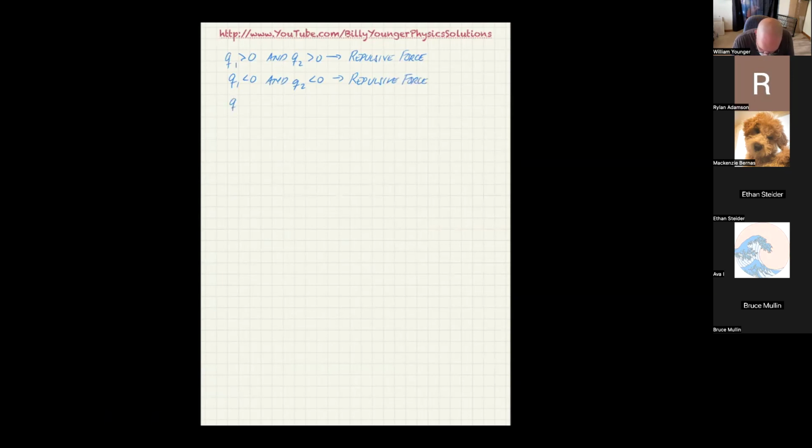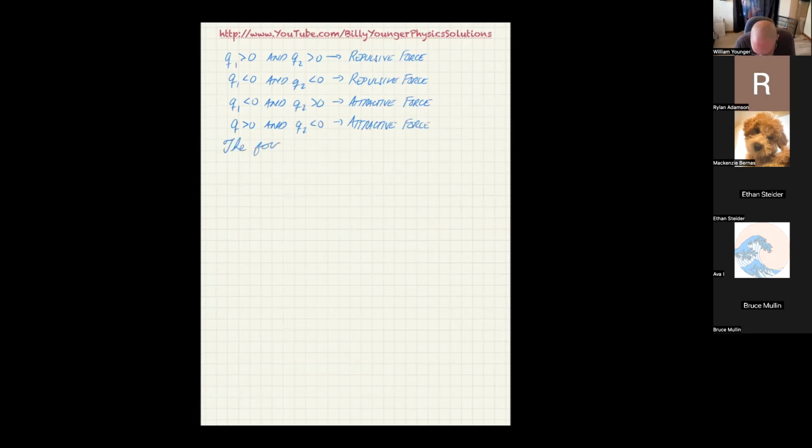And then Q1 less than 0 and Q2 greater than 0 implies an attractive force. And Q1 greater than 0 and Q2 less than 0 also implies an attractive force. Okay.